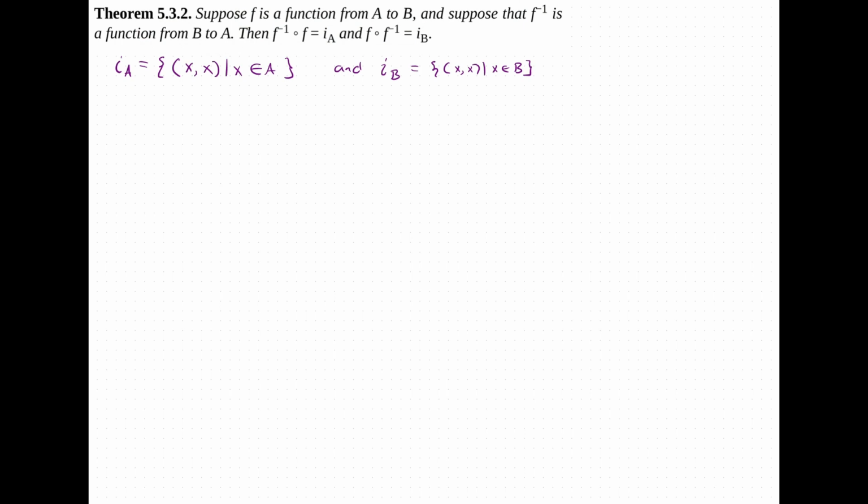And the proof of this is now automatic. What I mean by automatic is that we can do it just by following the definitions. Let's show this portion here first. So f from A to B and its inverse relation, B to A, are functions.